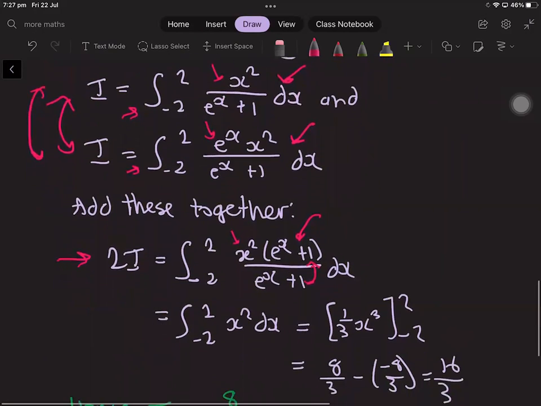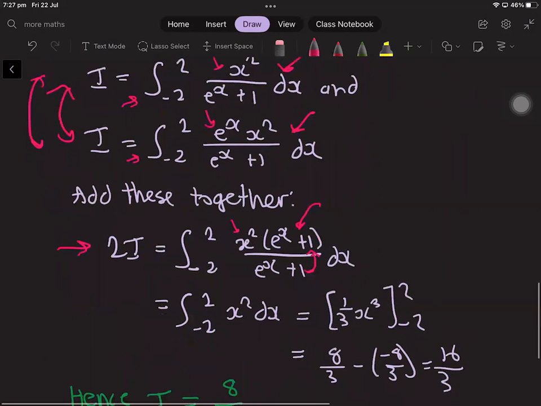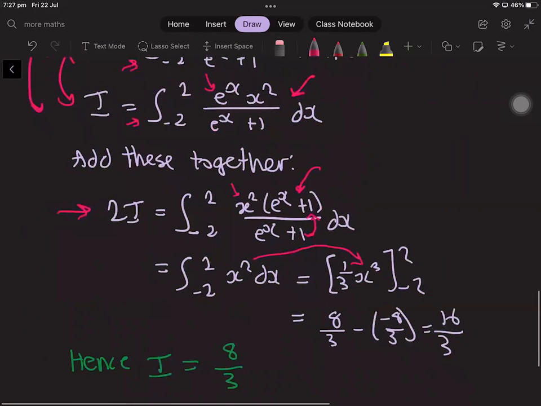So this gives us the integral of x squared dx from -2 to 2, and this becomes 1 over 3 x cubed from -2 to 2, and by substituting we get 8 over 3 minus -8 over 3, which is 16 over 3. And this is the value of 2I, so dividing by 2 gives us that the original integral is equal to 8 over 3.